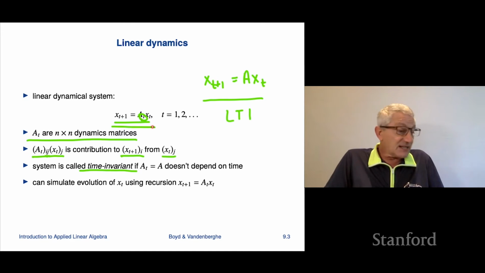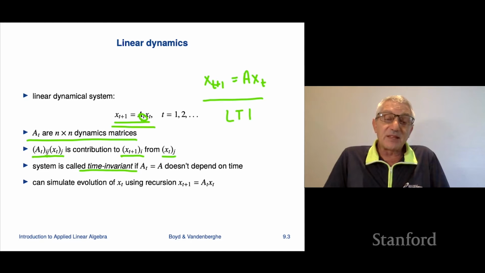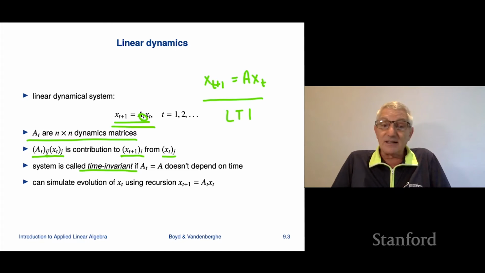What that says, for example, is if I knew the current state, I could simply multiply by At, get xt plus 1. I multiply that by At plus 1, and I get xt plus 2, and so on. And so these are just iterated matrix vector multiplications. And in fact, that's called simulating the evolution of the state. If you said that, anyone would understand what you're talking about. So, and that's very cool.